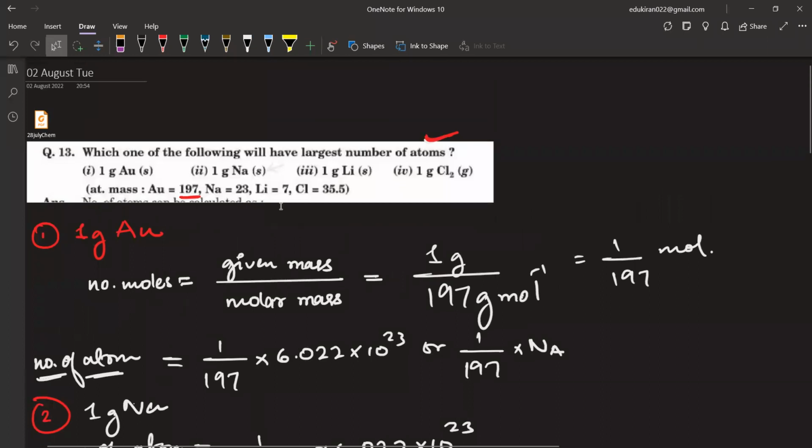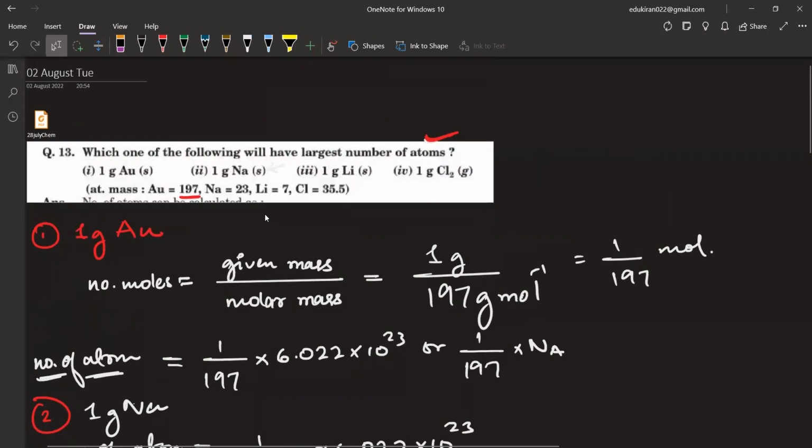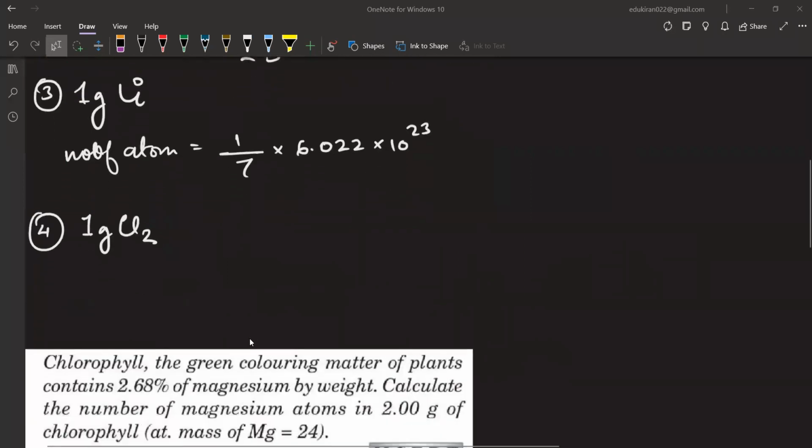Yes, sir. Okay. Then what do we have here? The last one, the fourth one, is 1 gram of Cl2, right? 1 gram of Cl2. Yes or no? Yes, sir. Okay, fine. Now, 1 gram of Cl2, number of atoms will be how much?